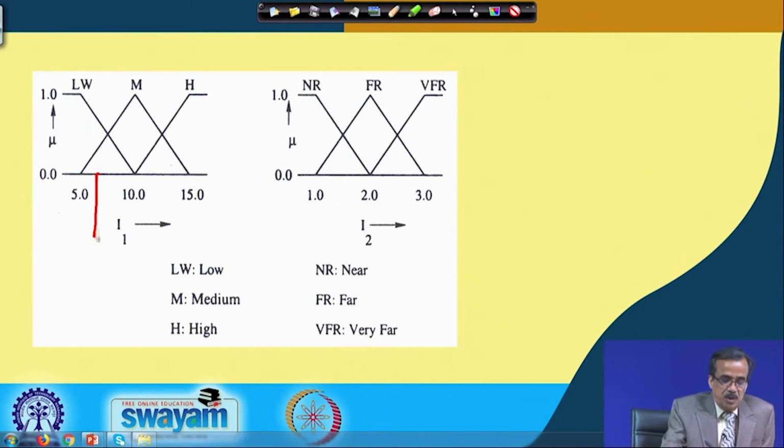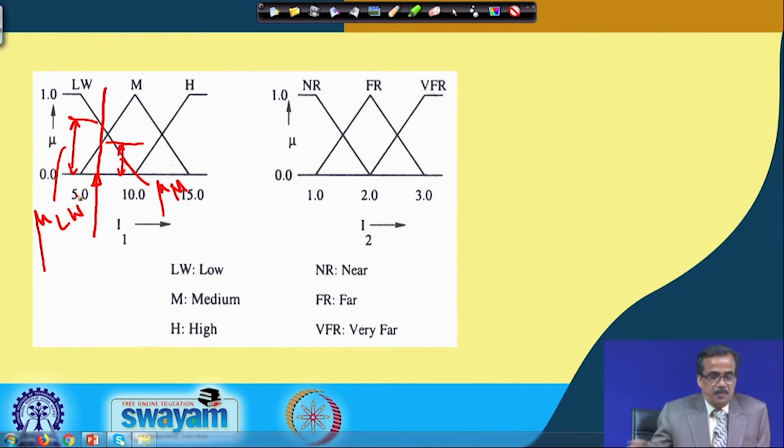So, 6.0 could be here. Now, 6.0 can be called medium with some membership function value, and it can also be called low with another membership function value. So, it is called medium with this much of membership function value, say mu medium, and this can be called low with another membership function value, and this is nothing but mu low.